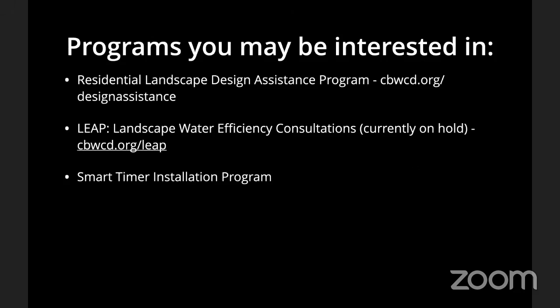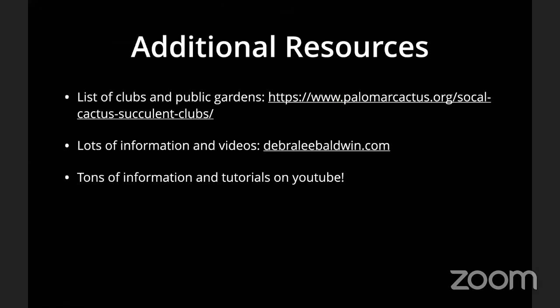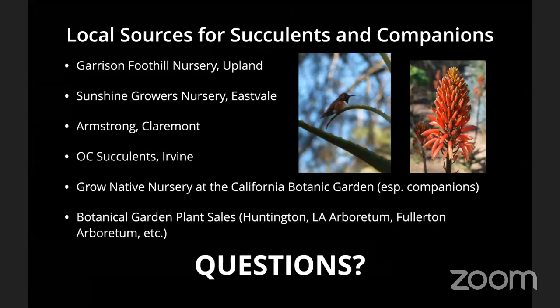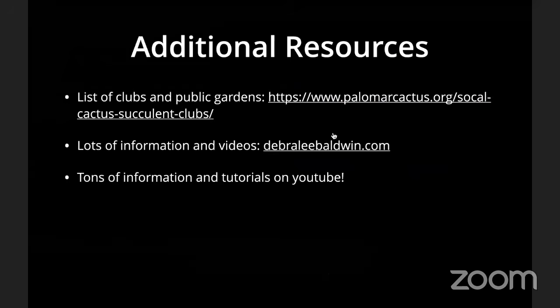So with that, we will end with the slide of local sources for succulents and companions as we will go into question and answer. One quick thing I wanted to show as well, and I will switch back to this slide after we do question and answer for a little bit, is a couple of good websites.